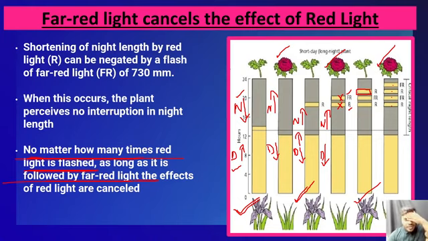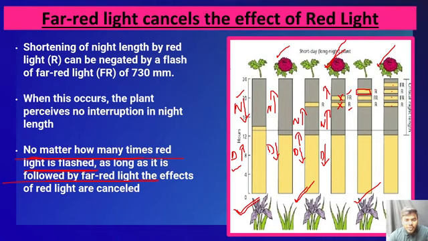If you look into the fourth condition, what I have done is treat the red light with the far red light. So far red light cancelled the effect of red light. As a result, what happens? Obviously, night length becomes more. When the night length becomes more, the short day plant will flower. So here, once again, far red light is cancelled by the red light.